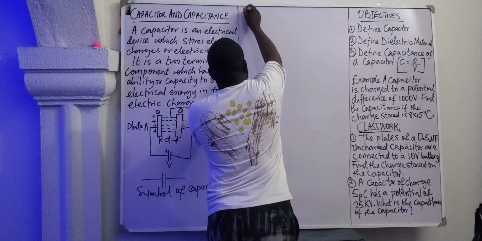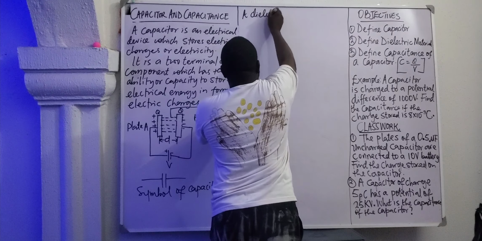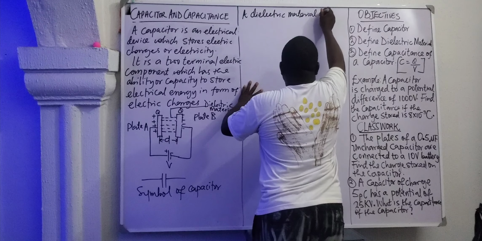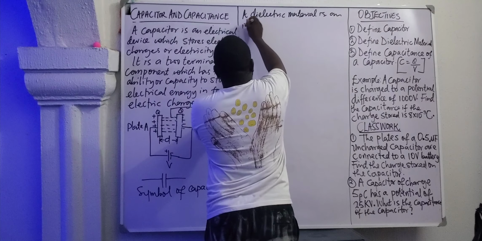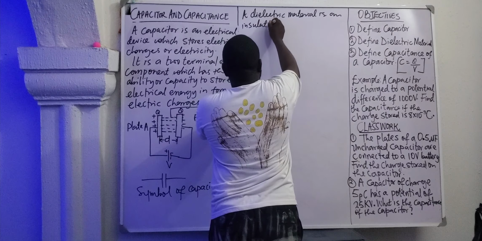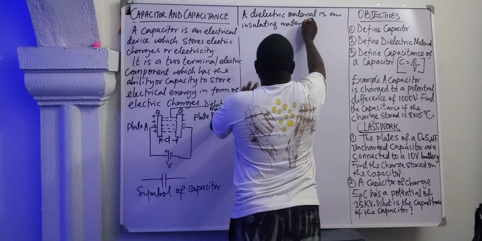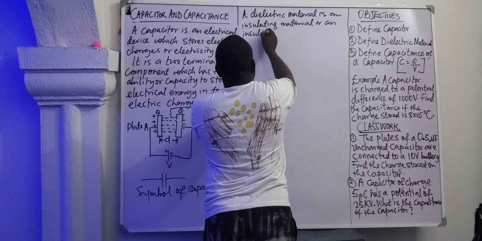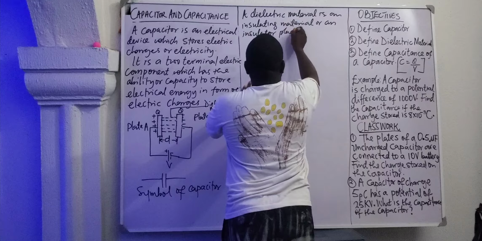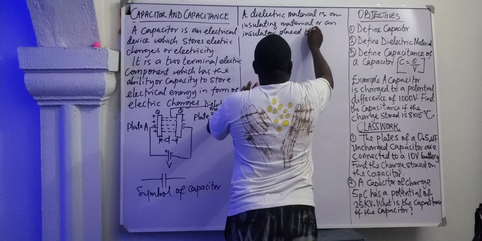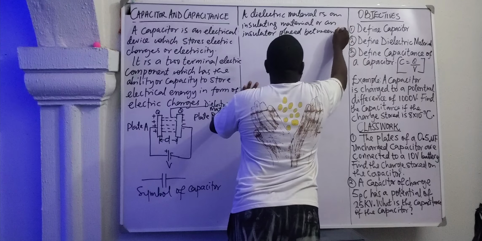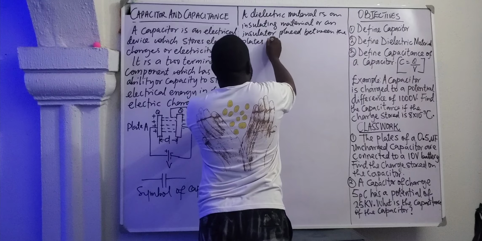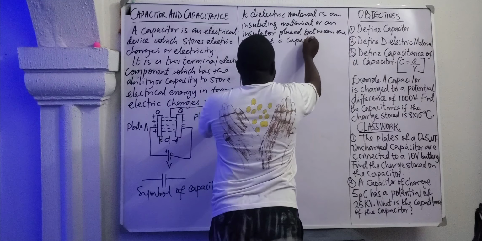Let's take that. A dielectric material is an insulator or insulating material, or an insulator placed between the plates of a capacitor.